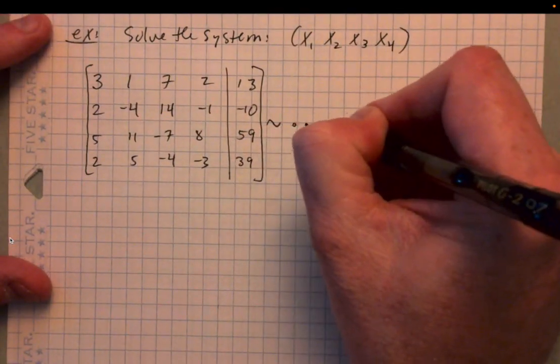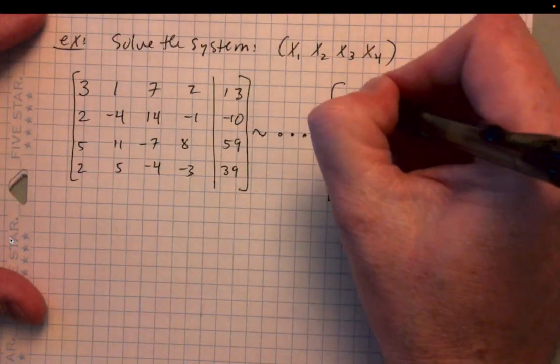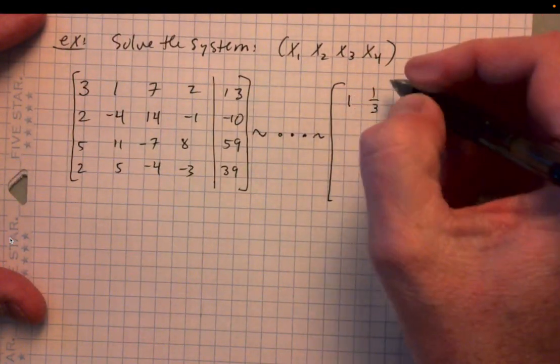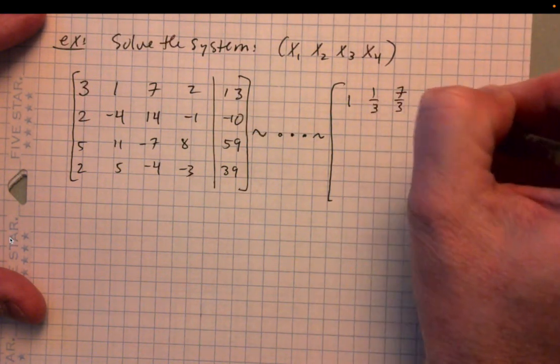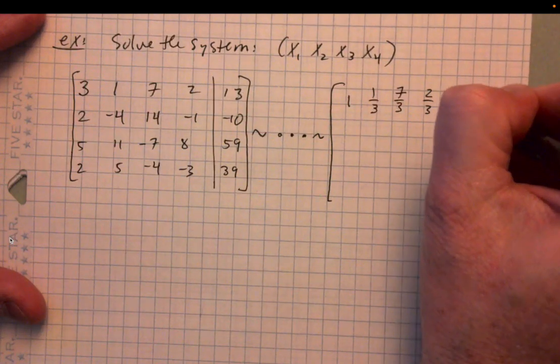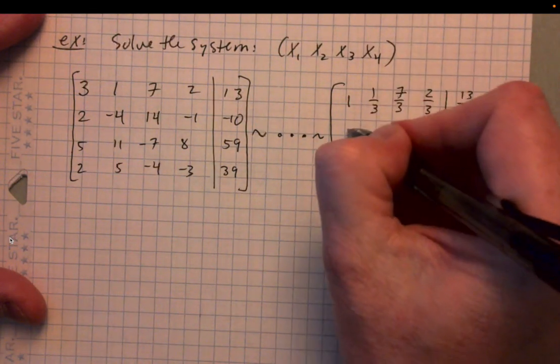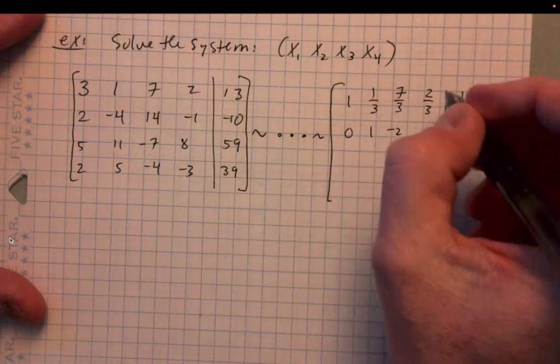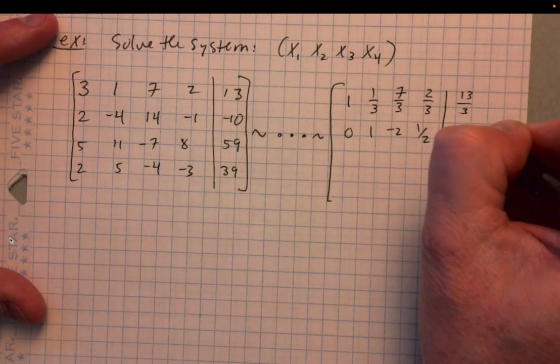And what you'll find is that this matrix is equivalent to this one: 1, 1/3, 7/3, 2/3, and 13/3. Then 0, 1, -2, 1/2, and 4.